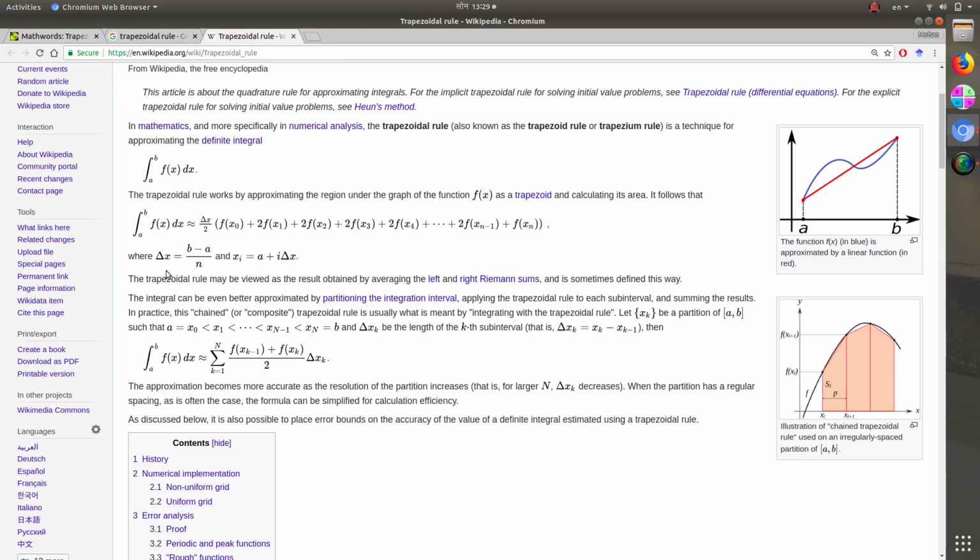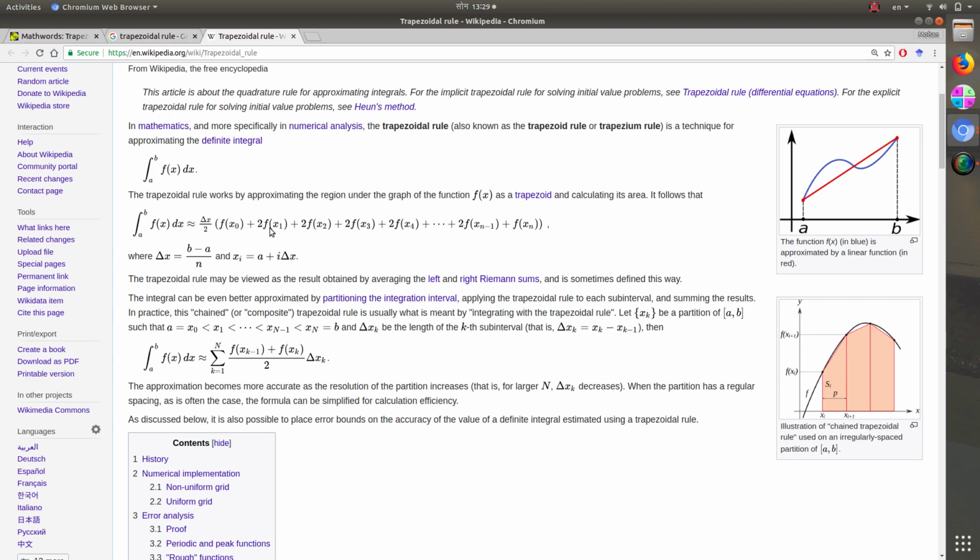This delta x is of course the final point minus the initial point divided by the number of subintervals you want to make, and that would be the width of the subinterval. The position of the ith point would be the initial value plus i times the width, that is x.